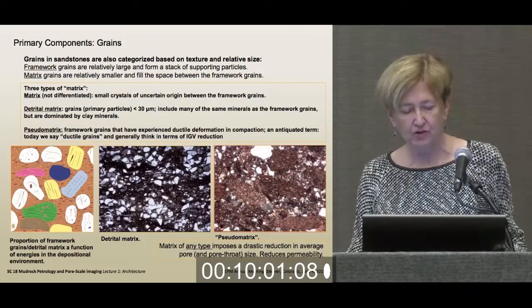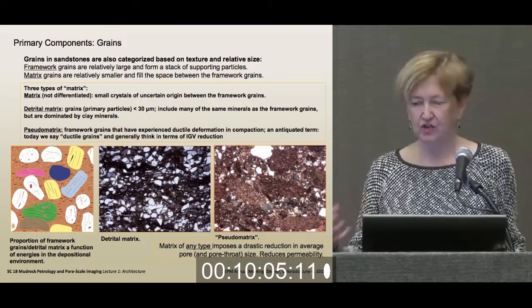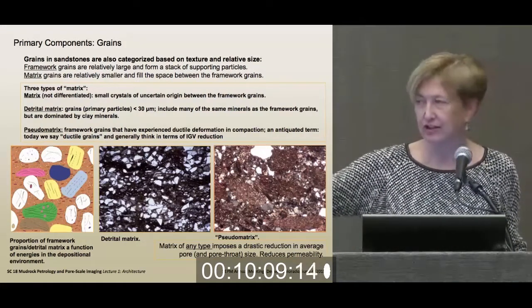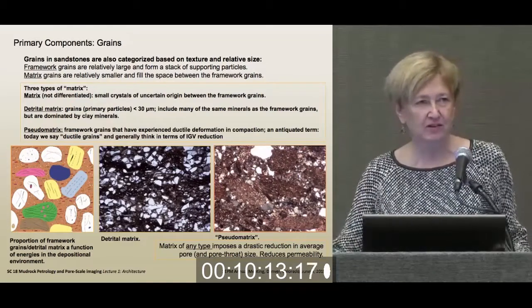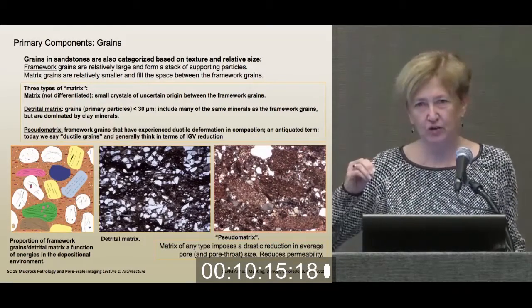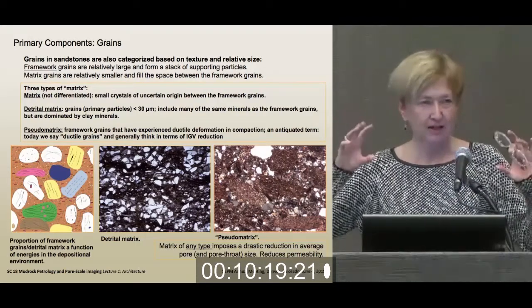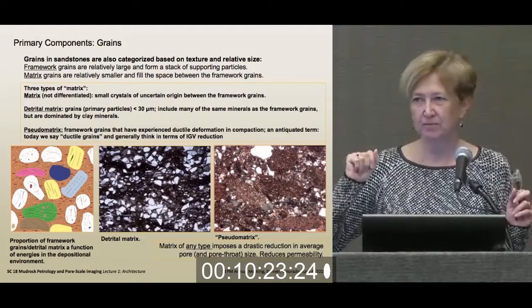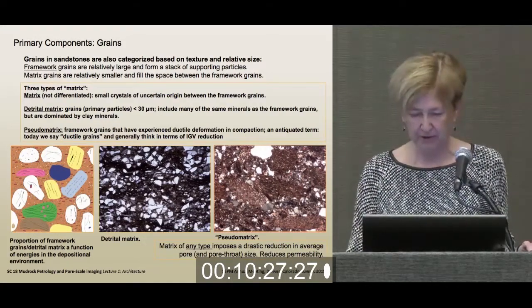There's this term pseudomatrix that relates to a historic problem that people had recognizing detrital matrix versus a matrix-like appearance that arose from compaction of ductile mudstone clasts or ductile metamorphic rock fragments.